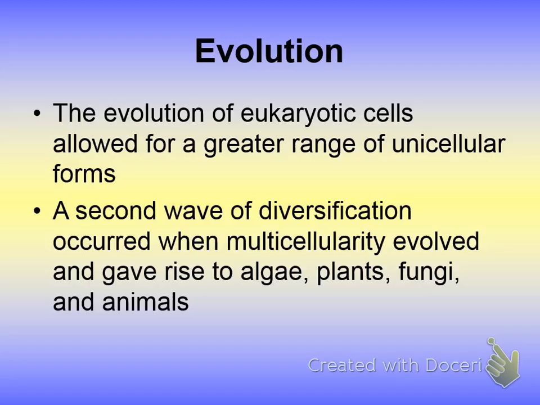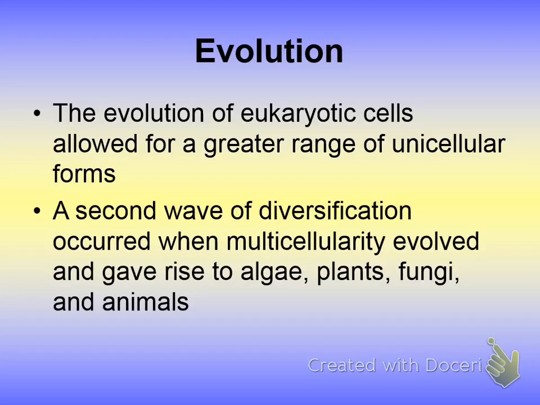So we have these different recurring problems on the Earth where we kind of devastate the Earth and then it comes back. We wipe everything out and then it comes back. So a second wave of diversification takes place. We give rise to algae, plants, fungi, and animals.